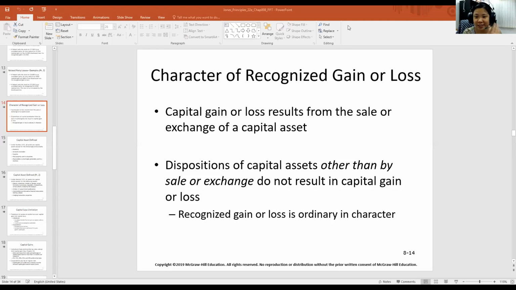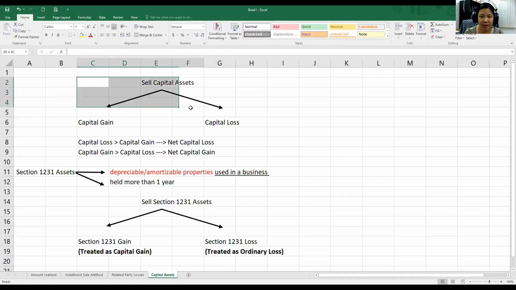Hello everyone. Now let's look at how to find out the capital gain or loss. So remember about capital assets. When we sell the capital assets, we can have either capital gain or capital loss.